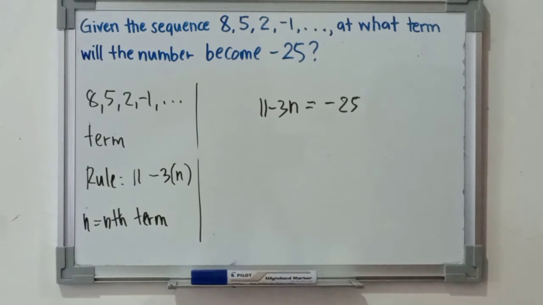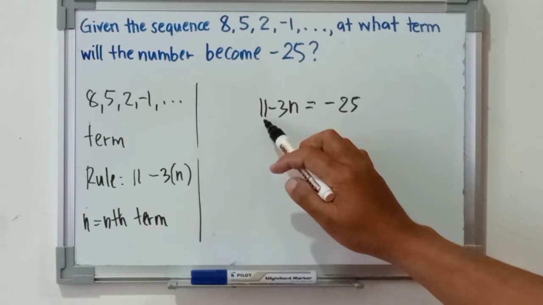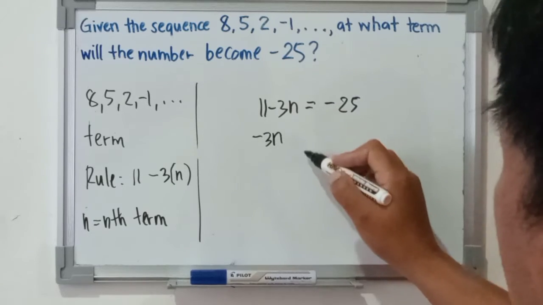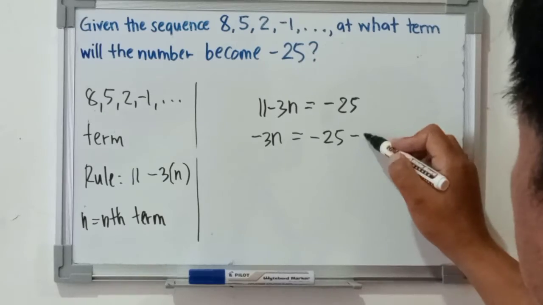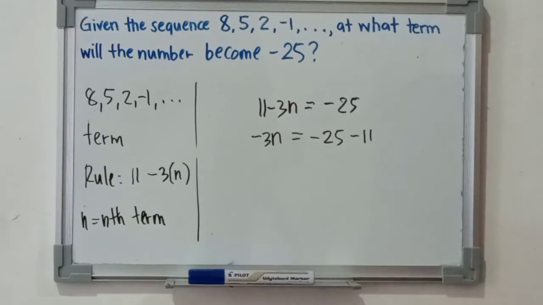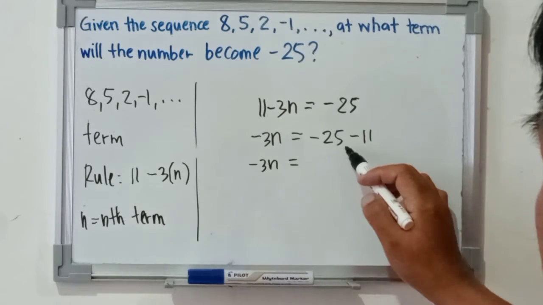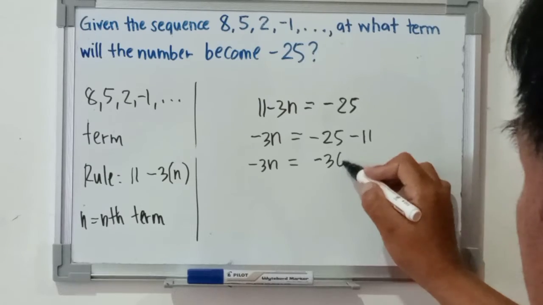We will transpose this constant, 11, to the other side. So this becomes negative 3n equals negative 25 minus 11. Then negative 3n equals negative 36.